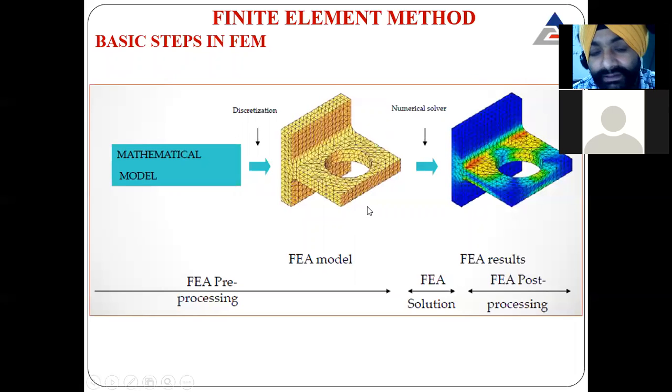The first thing FEA does is divide the whole surface into very small parts on which you know how to calculate the stresses and other things required. Now, when you pass it through the software, it will show you some blue areas, some yellow areas, some green areas, and some red areas.